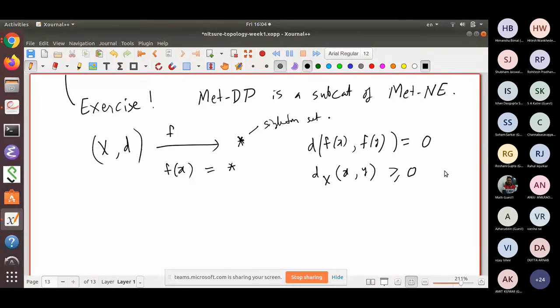It may have decreased, it may have remained the same. For all you know, x was equal to y and the distance was already 0, then it has remained 0. But if x was not equal to y, then the distance was positive, and positive has become 0, so it has decreased. So either it remains the same or it decreases, which means it is not expanding. Expanding will increase the distance. Okay, sir. Good, great.